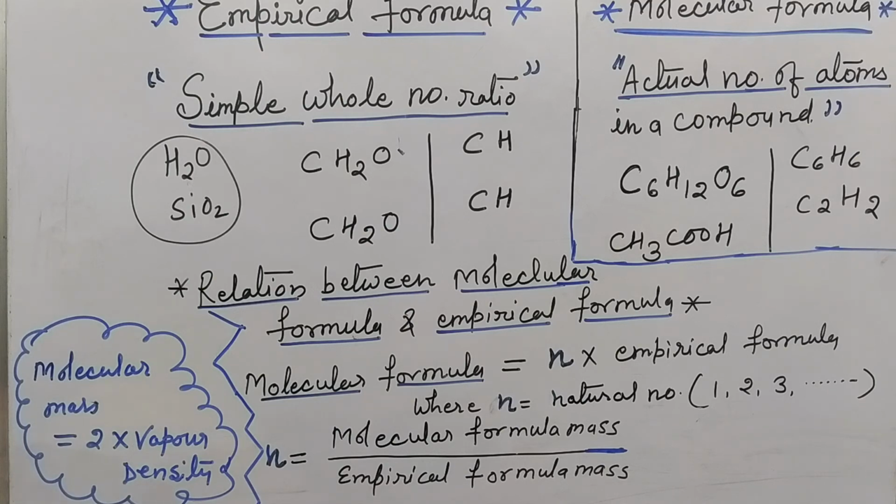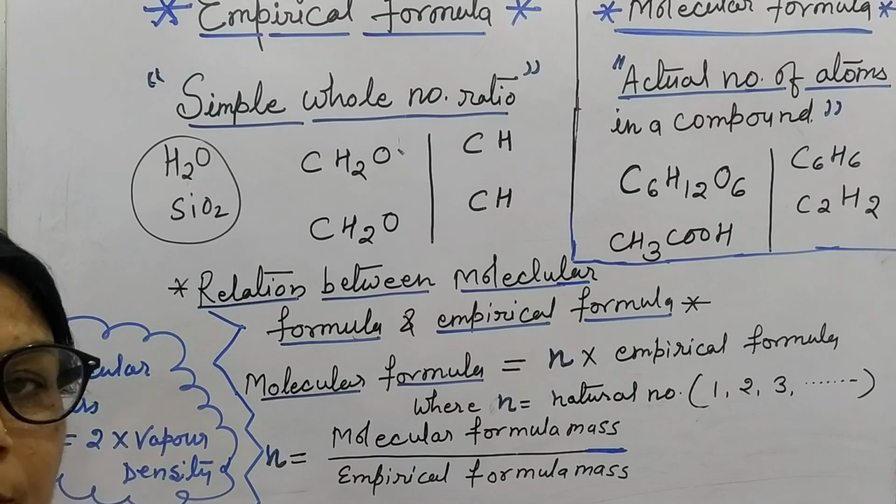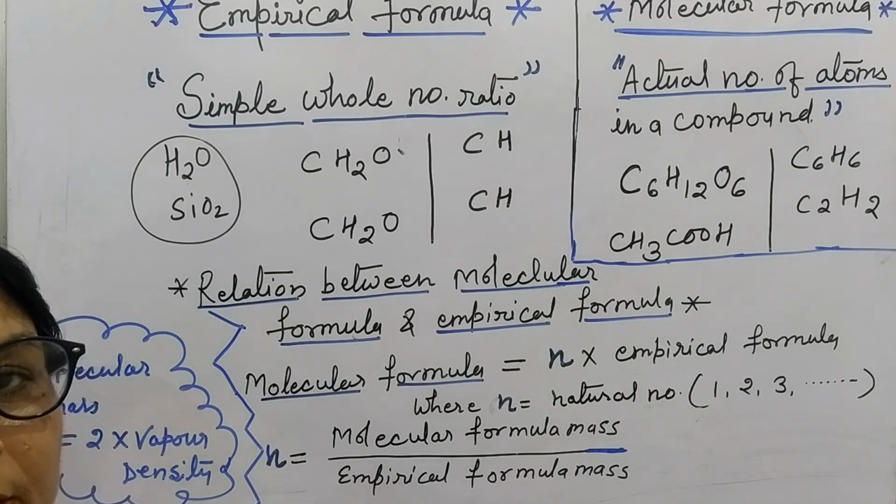So very simple, we can determine the molecular mass by this formula: molecular mass equals 2 into vapor density. So here are some formulae by which we can easily determine the molecular formula, empirical formula, molecular formula mass and empirical formula mass. Very important to solve the numerical problems of empirical formulae.